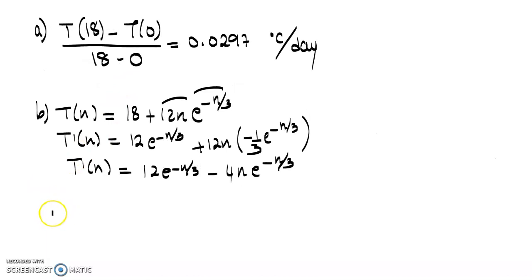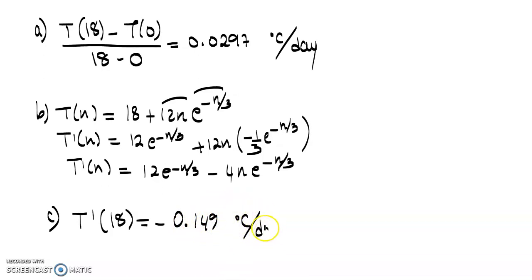So the instantaneous rate of change here, as discussed a couple of minutes ago, is in fact represented by the derivative at n equals 18. So replacing n by 18, that would give me negative 0.149, evaluating that on your calculator, that's degrees Celsius a day.